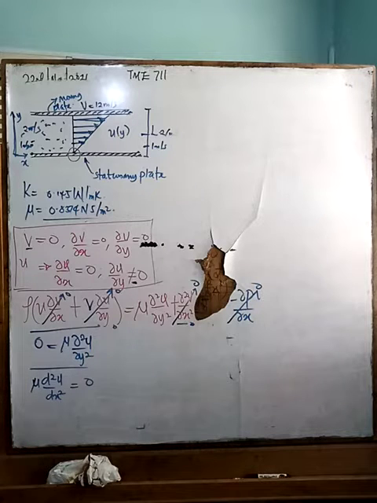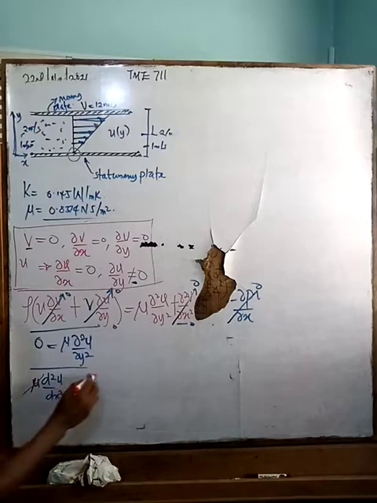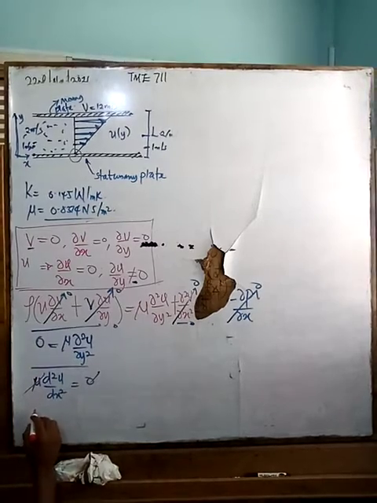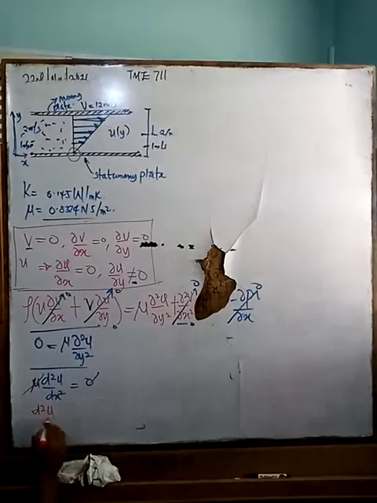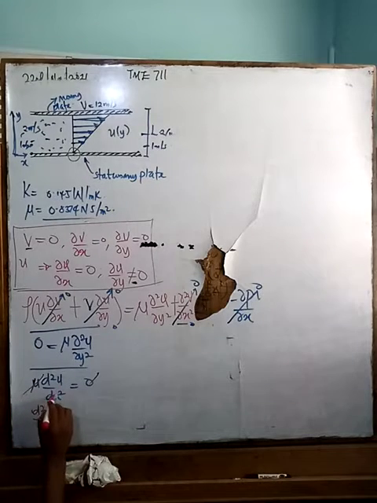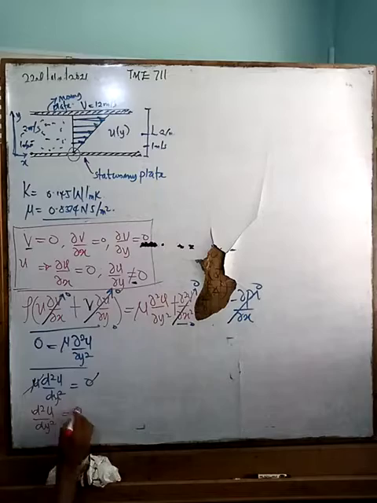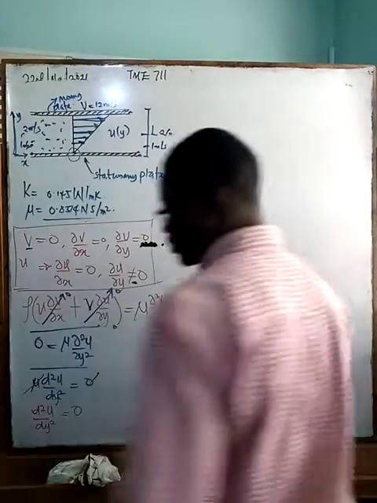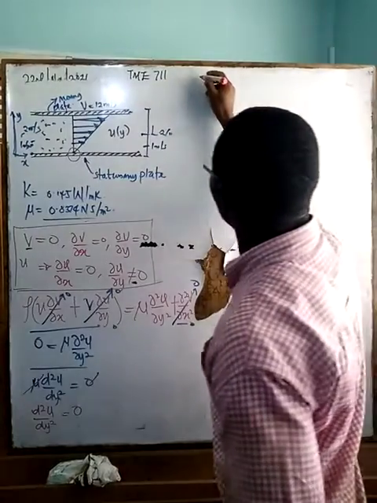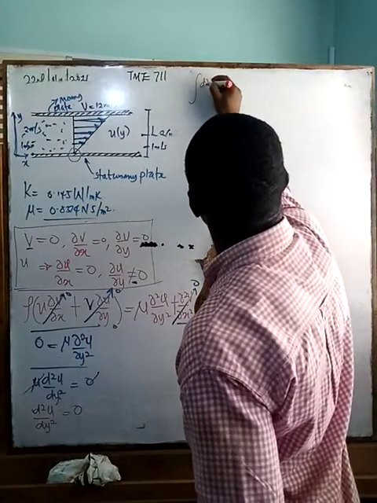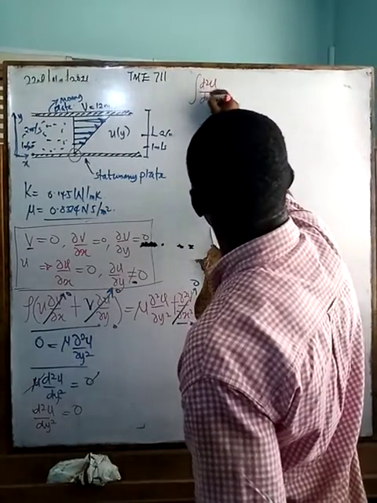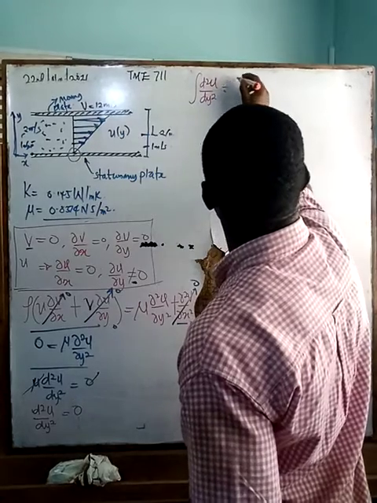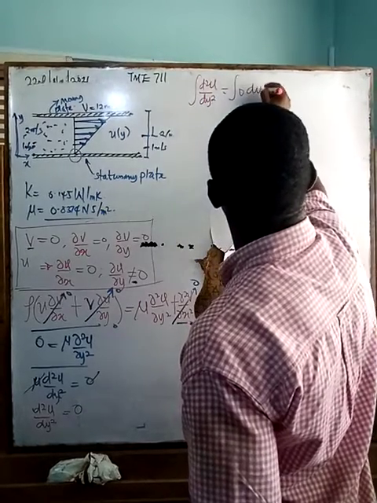We divide both sides by mu, so we have d square u over dy square equal to 0. So let's integrate the function. We have the integral of d square u over dy square is equal to the integral of 0 dy.